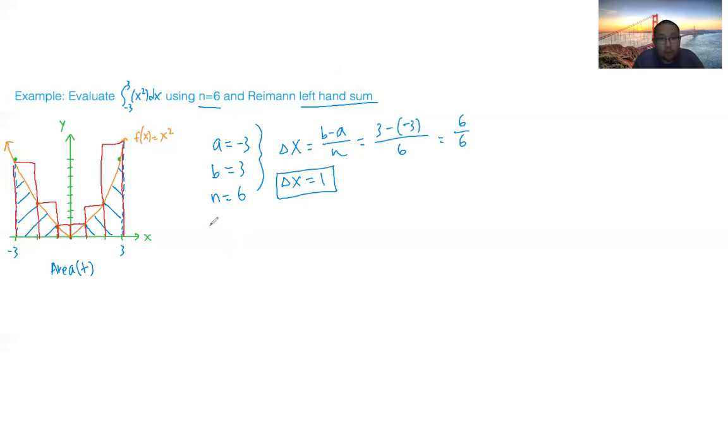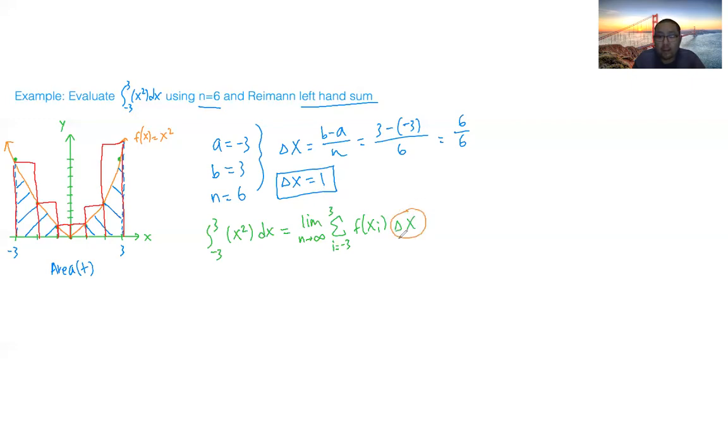The integral, not the derivative, the integral from -3 to 3 of our function x squared with respect to x is equal to the limit as n approaches infinity of the summation from i equal to -3 ending at +3 of the function f of x multiplied by delta x. And again, delta x was already calculated, it's 1.